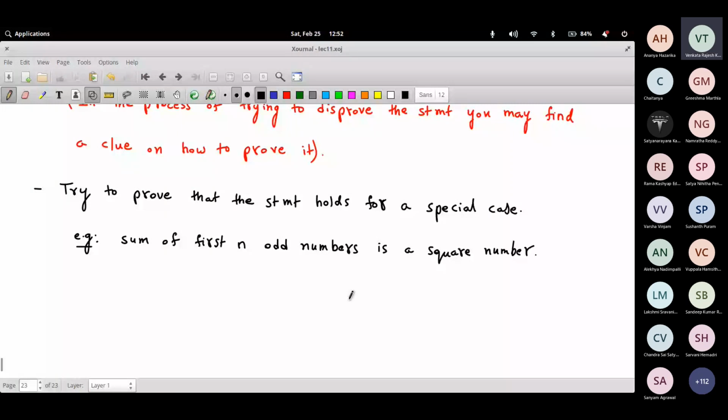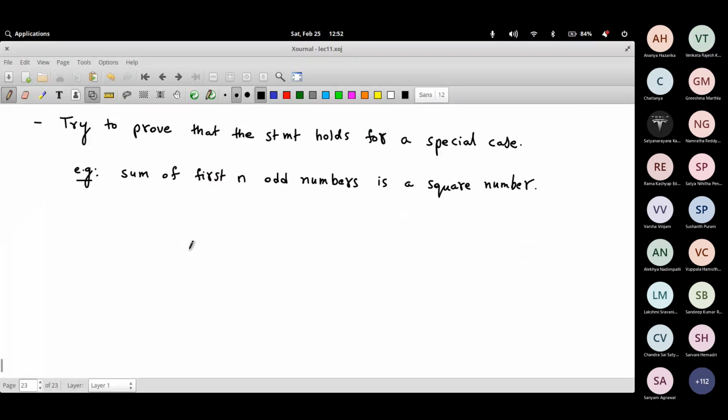I don't know if you know this, but this is a theorem. This is a true statement. You take the first n odd numbers and add them up, you will always get a square number. So let's say n equal to 3. So let's take the first three odd numbers, that is 1, 3, 5, add them up, you will get 9. We know 9 is a square number.